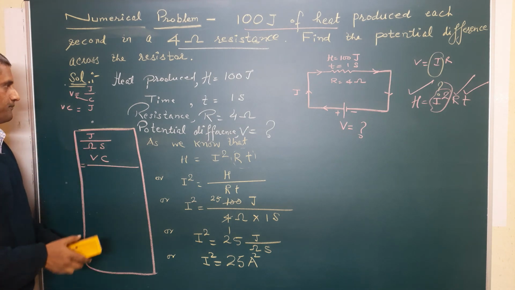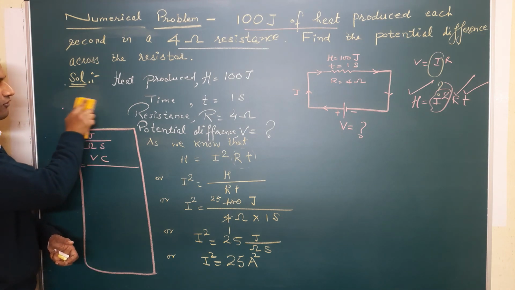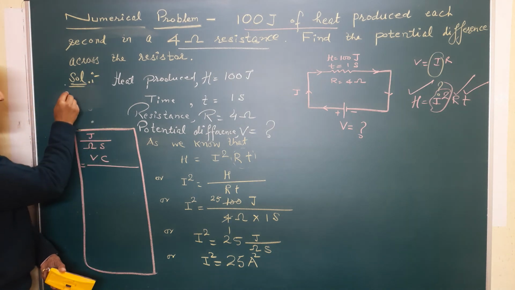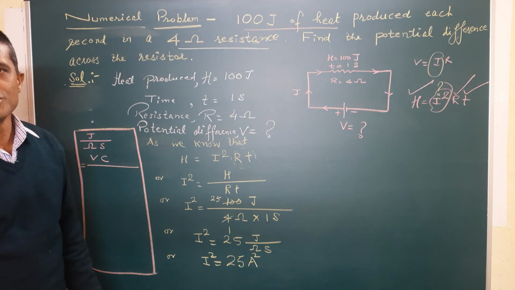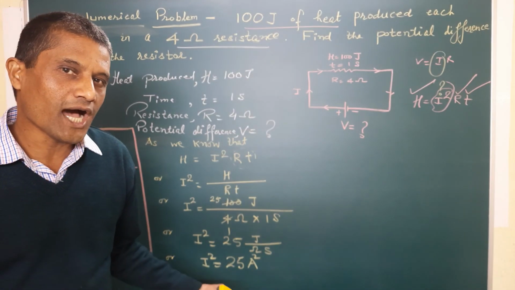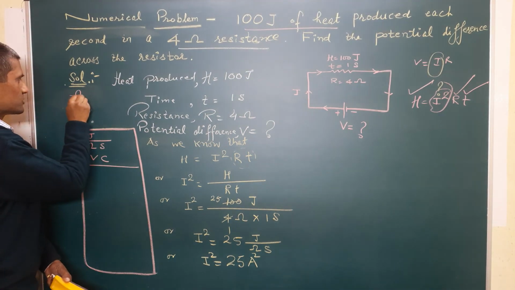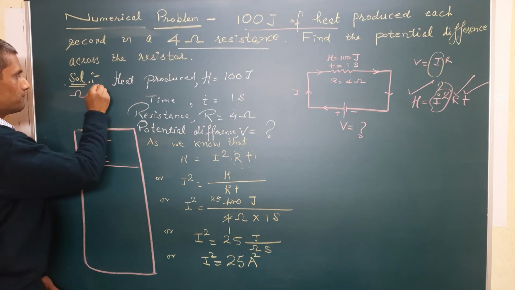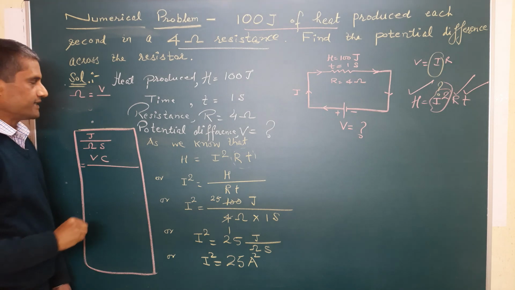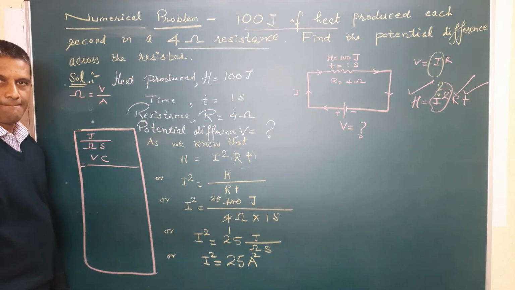Here it is ohm. You know the unit ohm is of resistance, and the resistance is equal to V upon I. The unit of V is volt, and the unit of electric current I is ampere.